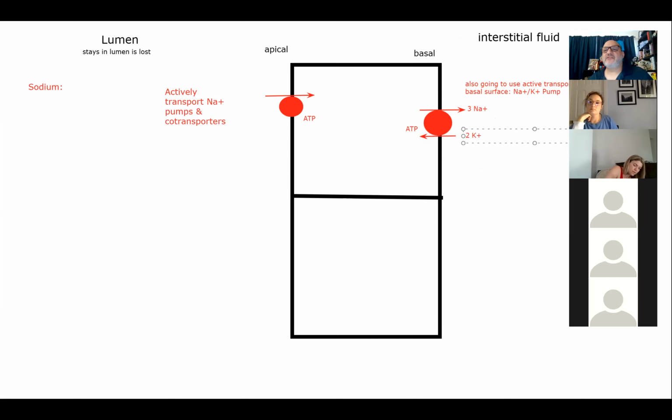However, this basal surface has some potassium leak channels. So basically, as soon as that potassium comes in, that potassium is able to sneak right back out again.